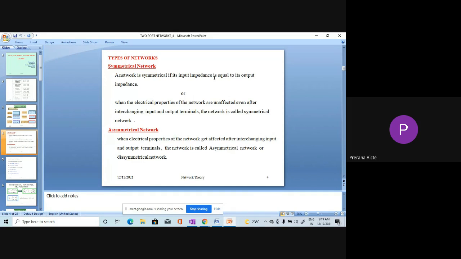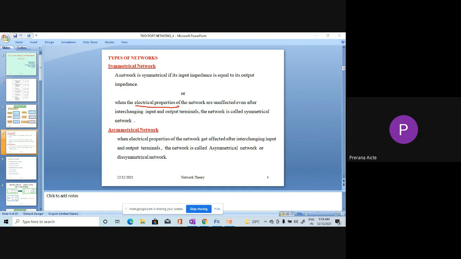Another definition: when the electrical properties of the network are unaffected even after interchanging the input and output terminals. See the definition. Electrical properties means we have different kinds of properties. Characteristic impedance is one property, propagation constant is another.